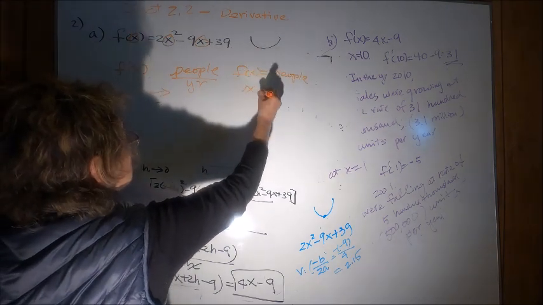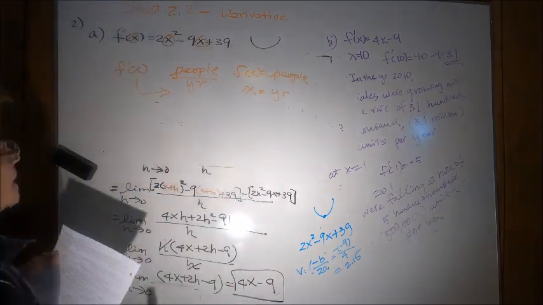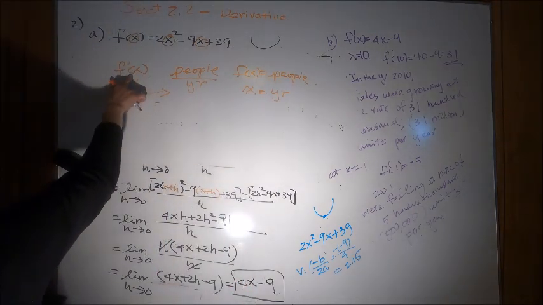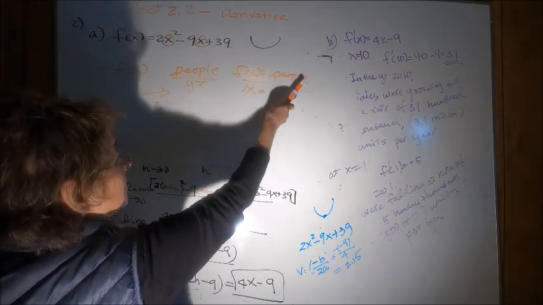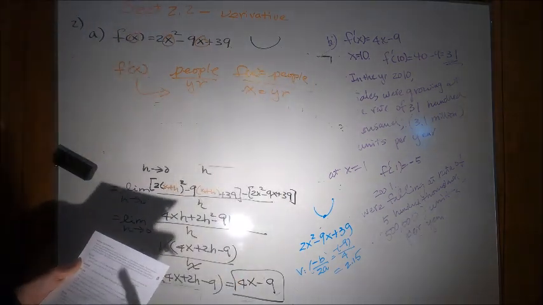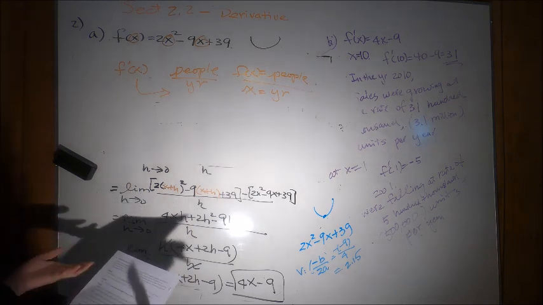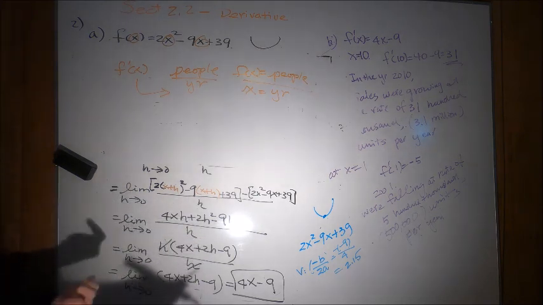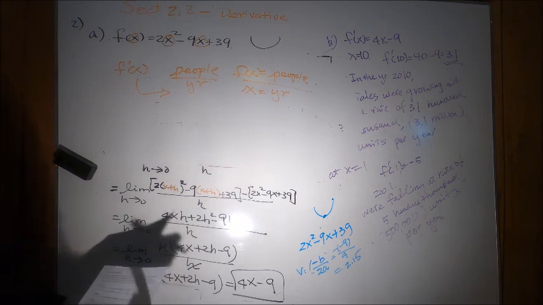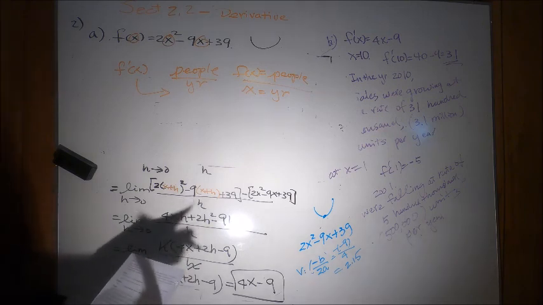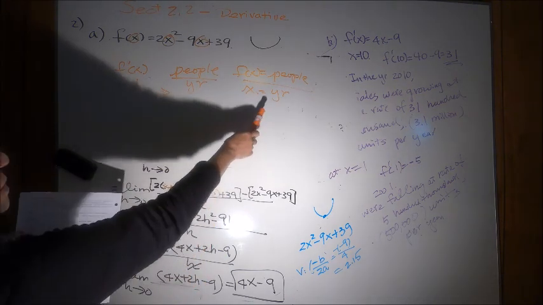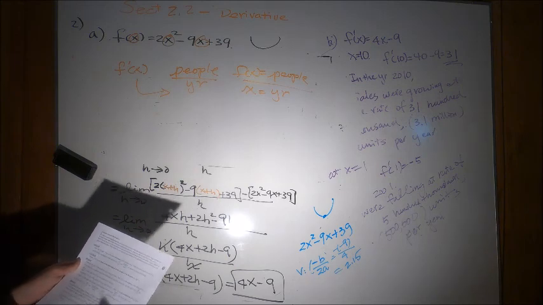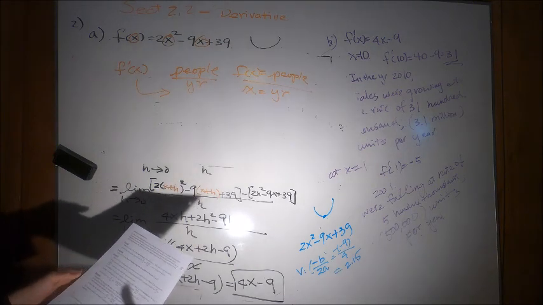Then x is the year, then derivative means what? The change between people per year. So the rate, that means what? How many people changed, the total number of people changed per year. That means what? A rate of change of the population, right?